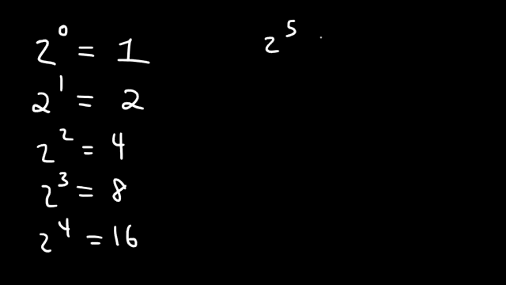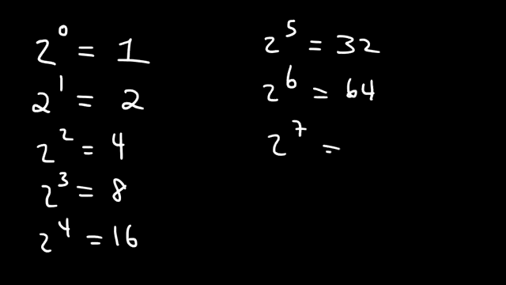And then 2 to the fifth power is 32. 2 to the sixth is 64. 2 to the seventh is 128. And then 2 to the 8 is 128 times 2, or 256. And so if you know these values, you can quickly perform the operations that are necessary when converting a binary number into a decimal number.